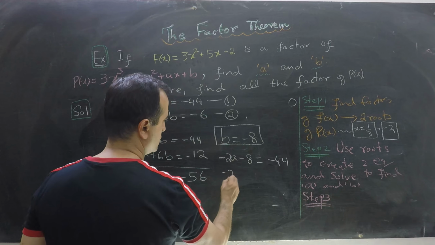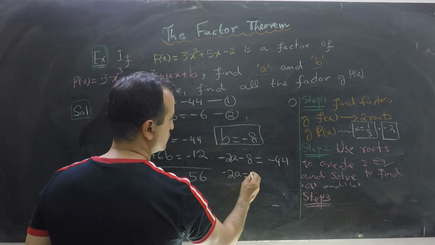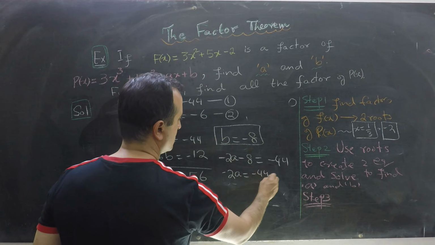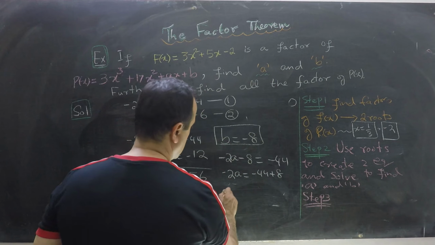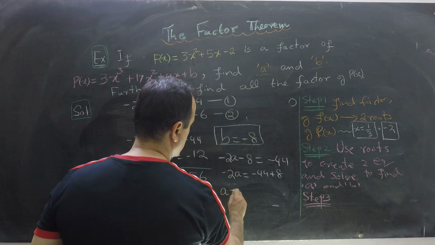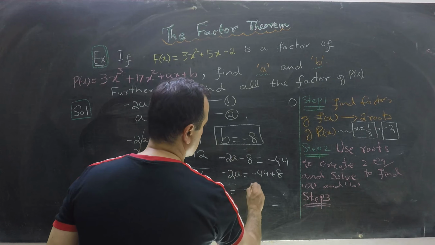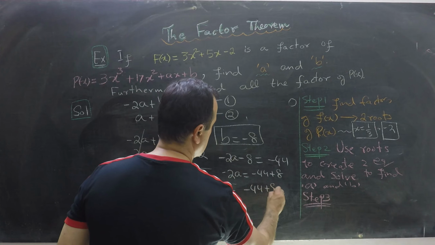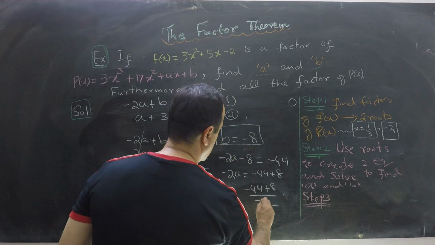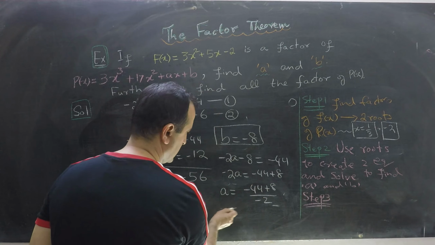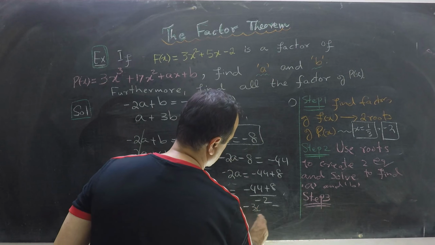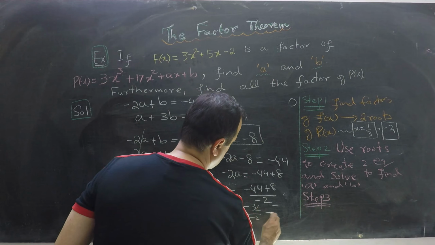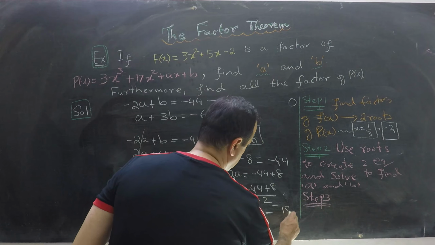So minus 2a equals minus 44 plus 8. So a equals minus 44 plus 8 over minus 2, which simplifies to minus 36 over minus 2, and that is equal to 18.